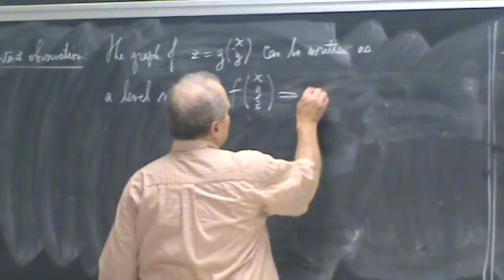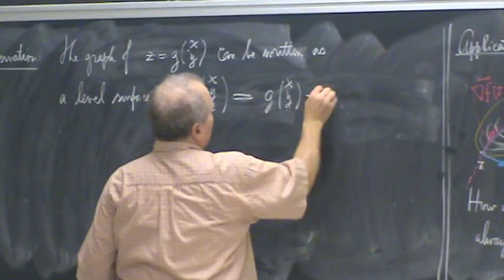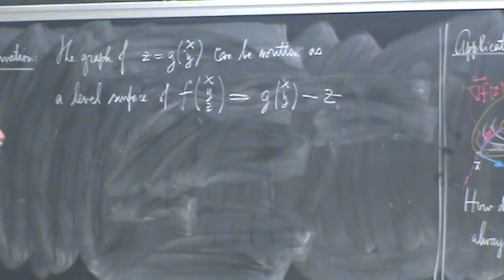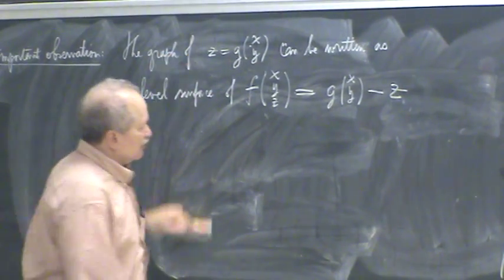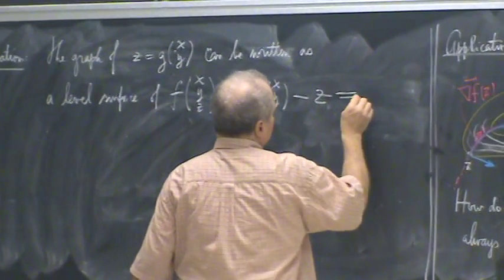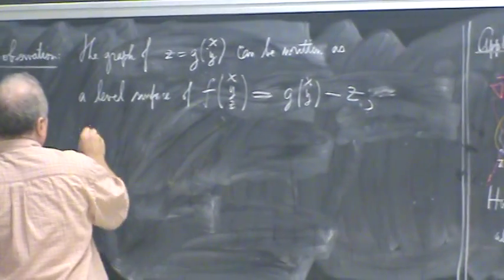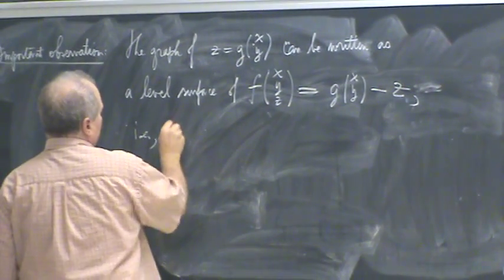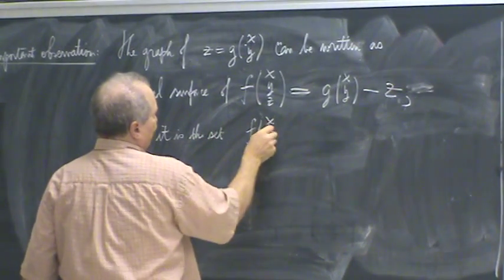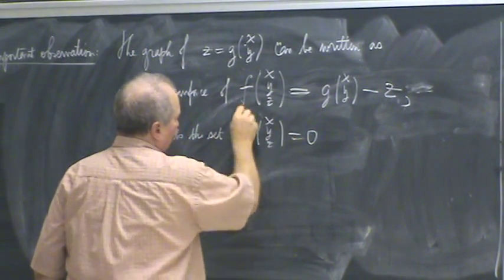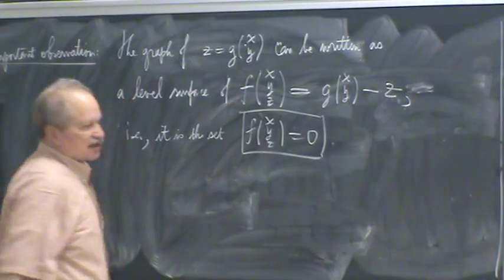Yeah, I could look at g of x, y minus z. And that function of x, y, and z will be what on this graph? 0. So you look where f is 0, and that's the original graph.